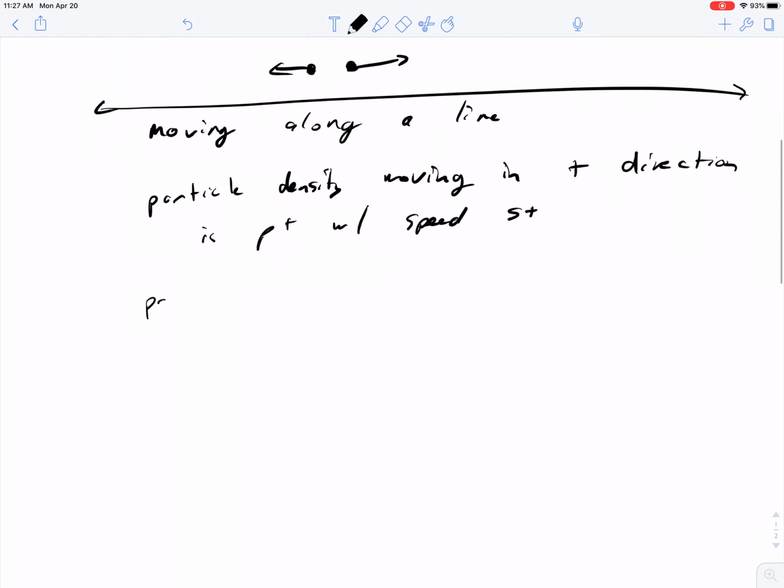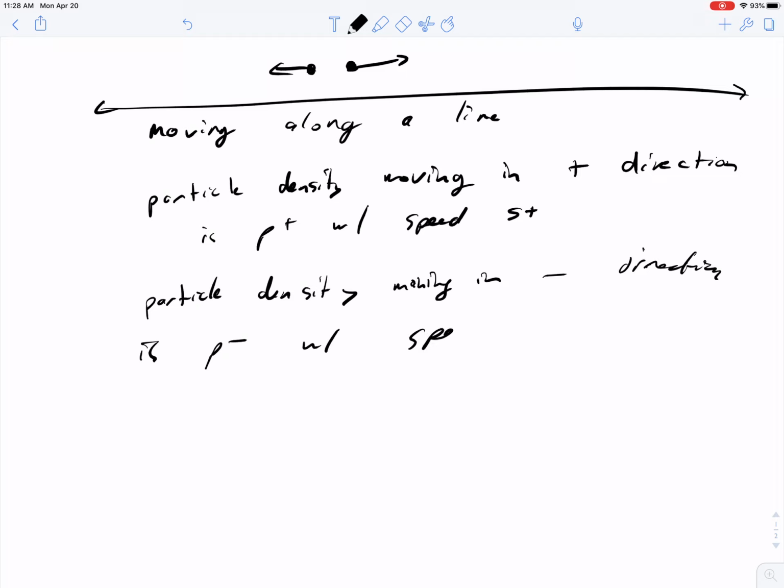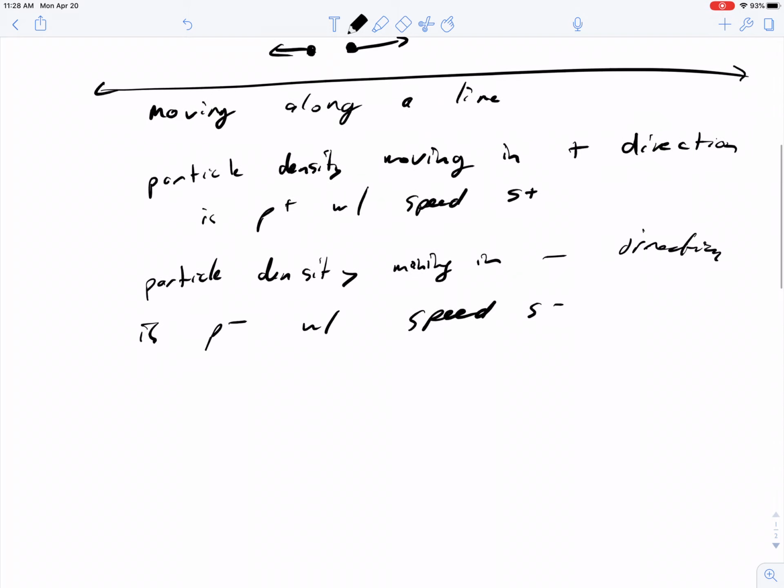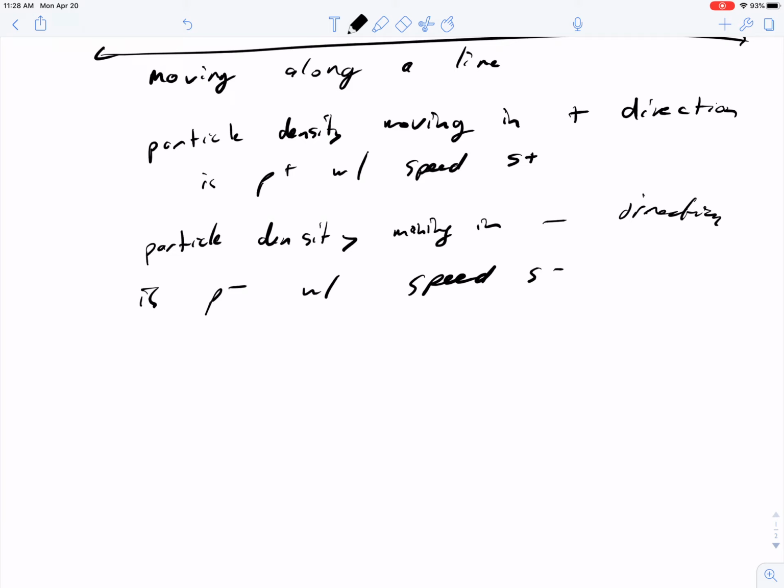And then particle density moving in the negative direction, moving in minus direction, is P minus with speed S minus. In general, P plus and P minus can have different quantities, and S plus and S minus could have different speeds. We actually used this before in some research publications where we did have different speeds because of moving on dynein and kinesin motors in a developing embryo. So this is a very practical equation.